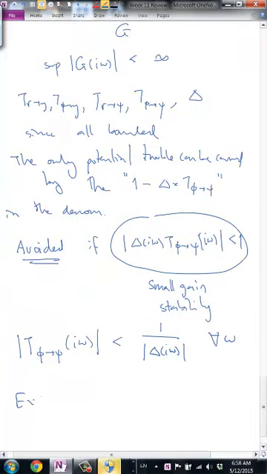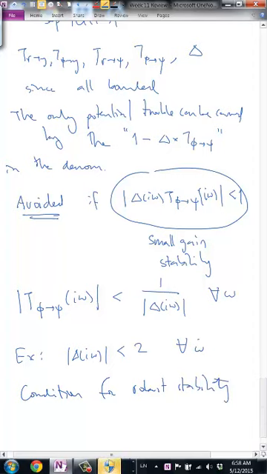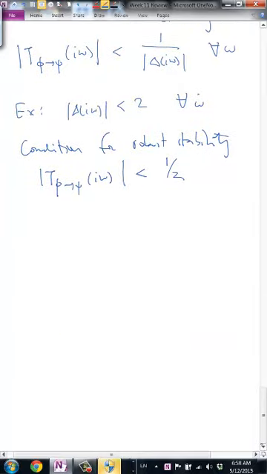So for example, if all we know is that delta of i omega is less than 2 for all omega, then the condition for stability would accordingly be that the transfer function from phi to psi at i omega is less than 1/2. So let's see how we implement this in practice.